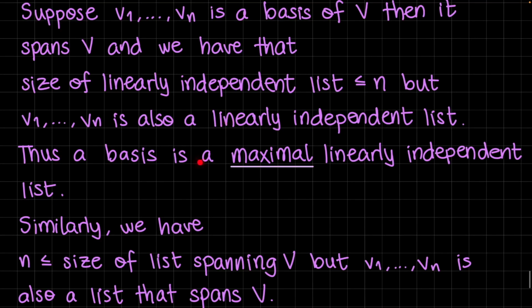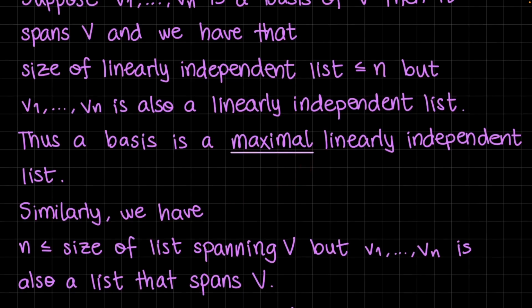So you can say that a basis is a maximal linearly independent list, because any other linearly independent list that is not a basis will fall below this n. It won't be equal to n. It will be strictly smaller than n, and being a basis is the only way of reaching this upper bound. So therefore a basis is a maximally linearly independent list.